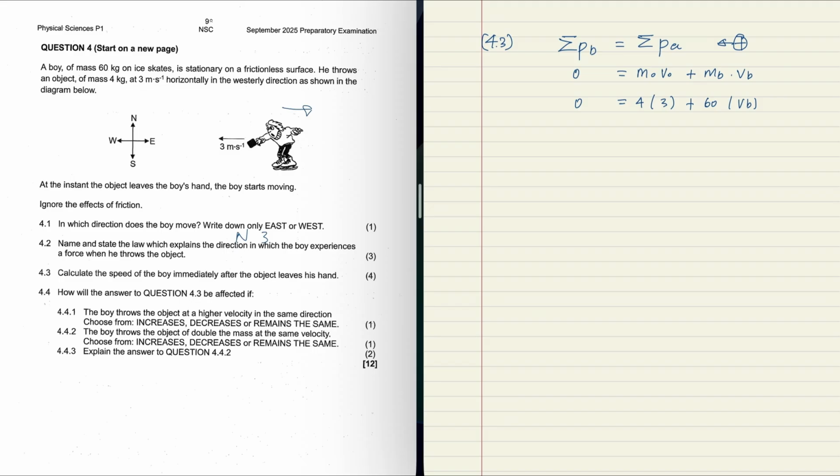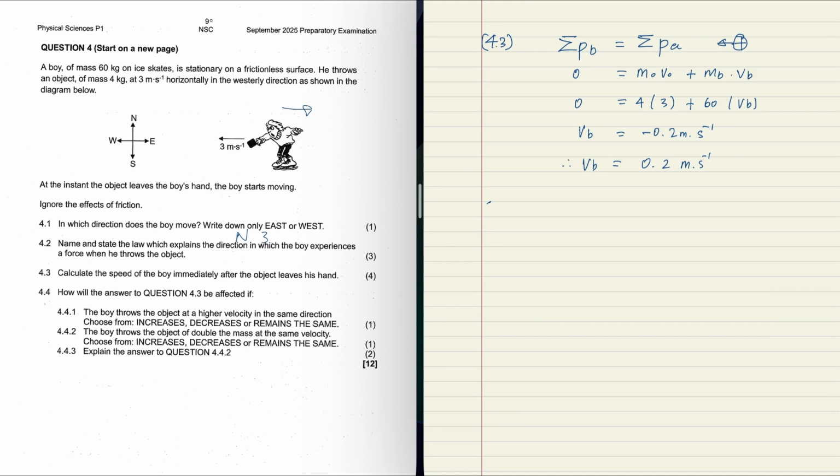Now we can solve for VB. The velocity of the boy is going to equal minus 0.2 meters per second. But the question asks for speed, and so we shouldn't leave it as a negative. We should instead just say that the velocity of the boy is going to be 0.2 meters per second.